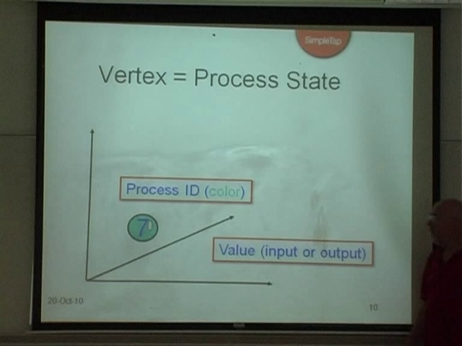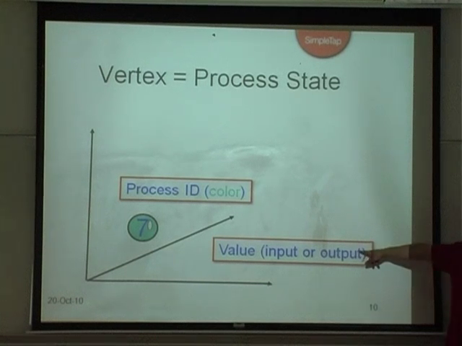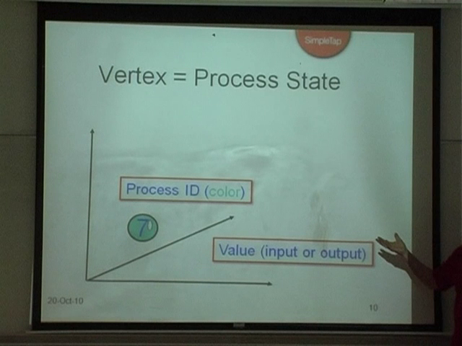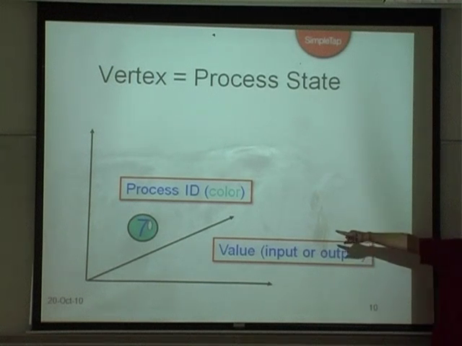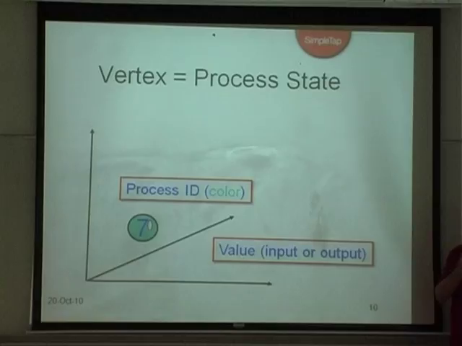And then I'm also going to label it with a value, which you can think of as the input value to a task, or the output value. So this vertex here could represent the green process starting out a consensus with input 7. It could also represent the green process finishing a consensus with value 7. We'll use the same device, the same gadget, to represent both beginning and final states. And in fact, we'll even represent some intermediate states, as I'll discuss later on.